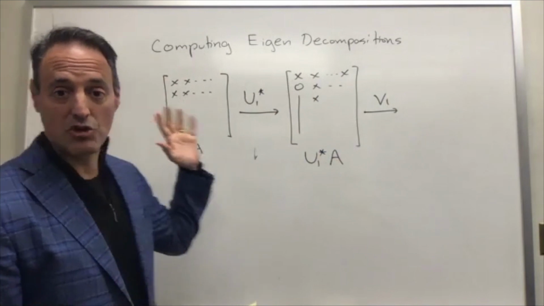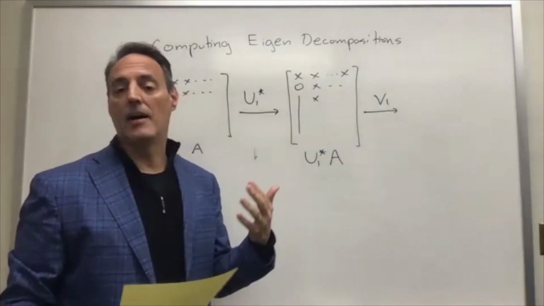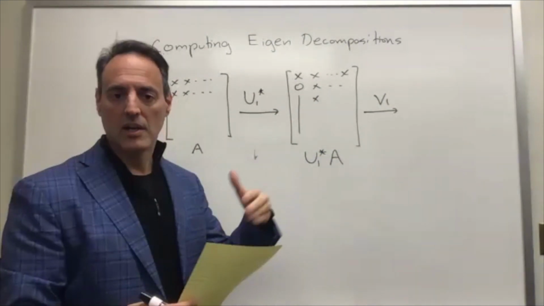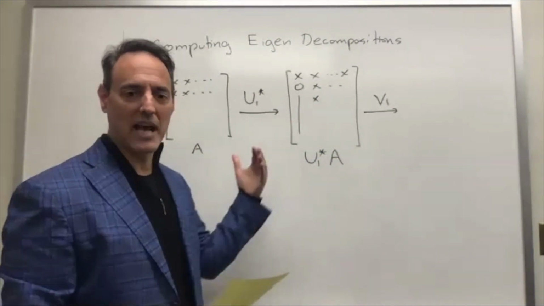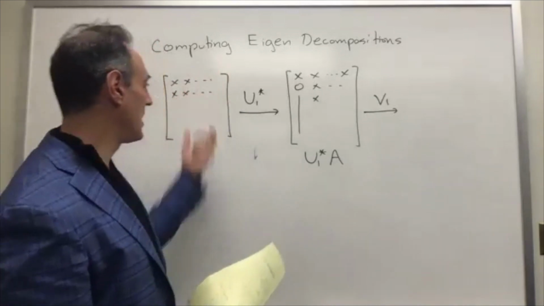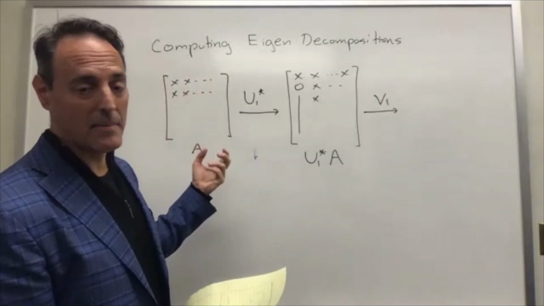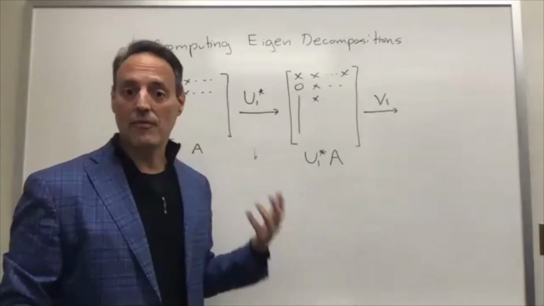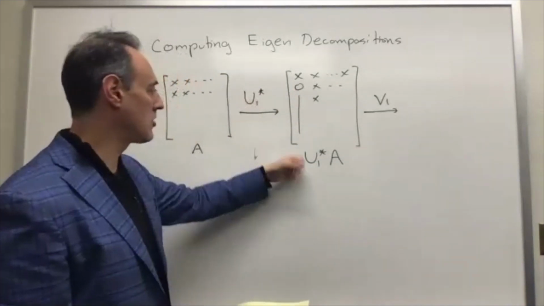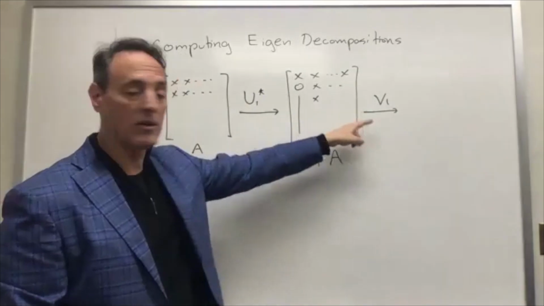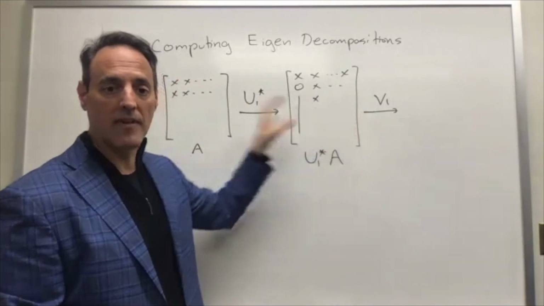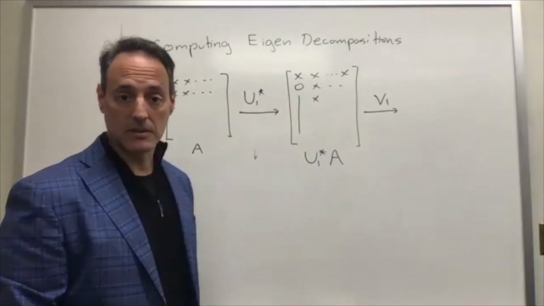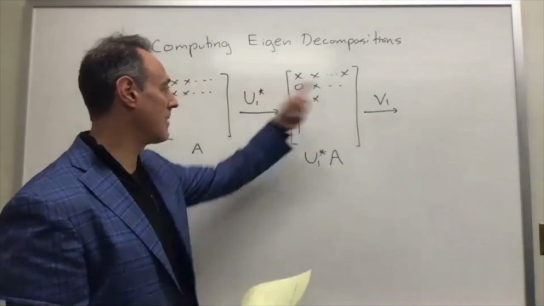When I showed you the decomposition with the Q's, that was really assuming a square matrix. Now this can be a tall, thin matrix or a short, fat matrix. And so your left and right multiplies are different size matrices. U1 star multiplying on the left is different than V1 on the right. If I have an M by N, these are going to be different sizes: one's going to be size M, one's going to be size N.